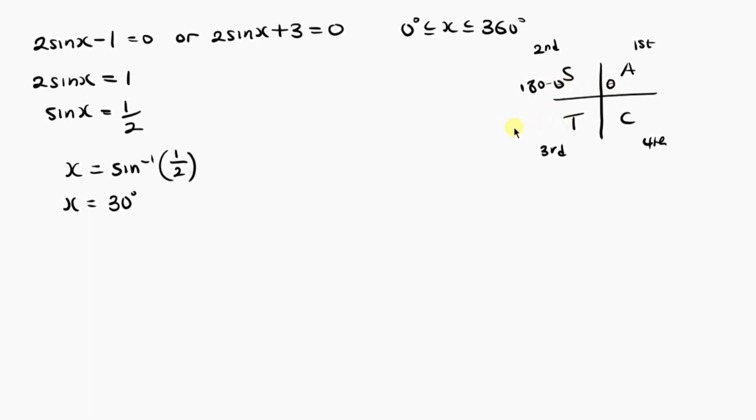Then the third quadrant is 180 plus theta. Then the fourth quadrant has a formula of 360 minus theta. That is it.